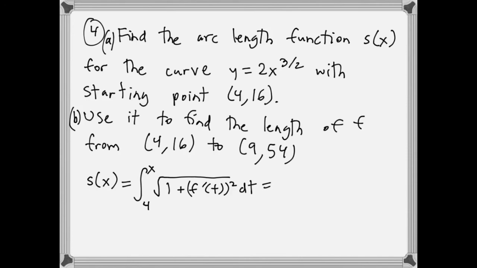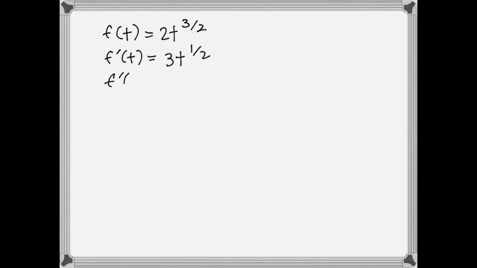So what is f prime of t? Let's write down f of t first. F of t is 2t to the 3 halves, right? It's our function. Again, I just replaced my x with t's. So what is f prime of t equal to? F prime of t is 3t to the 1 half. And then what's f prime of t squared? This is just going to be 9t, right?